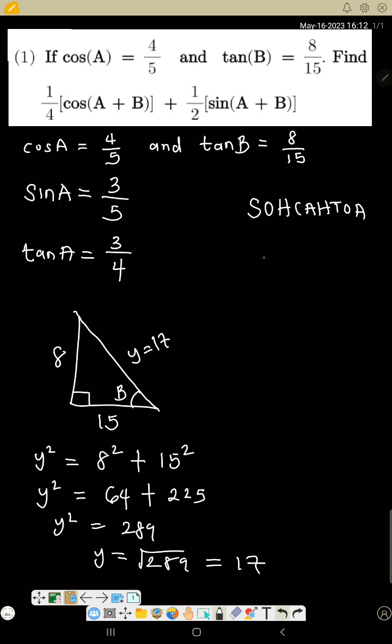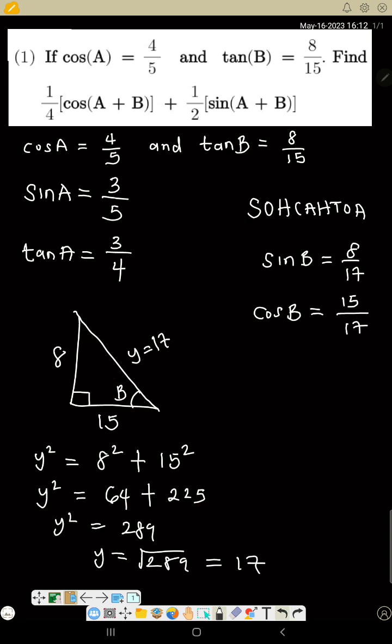So we can now know what is sine B. Sine is opposite over hypotenuse, that is 8 over 17. We can also know cos B. Cos is adjacent, so that is 15 over hypotenuse, that is 17.